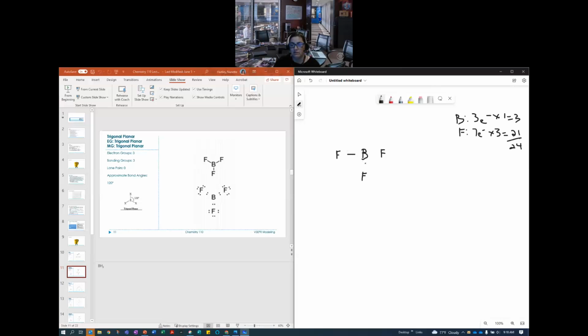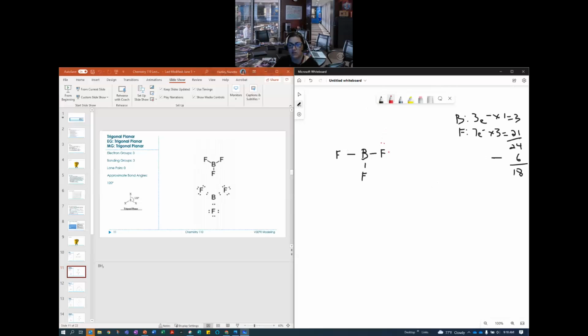Now I need to bond between each of these. So I have 2, 4, 6 electrons that are taken up with that. And if my happy math is correct, that should leave 18. I'm not great at subtraction, so hopefully I don't screw that up. Now, I need to fulfill the octets on each of the fluorines. So each one of them is going to need 6 electrons.